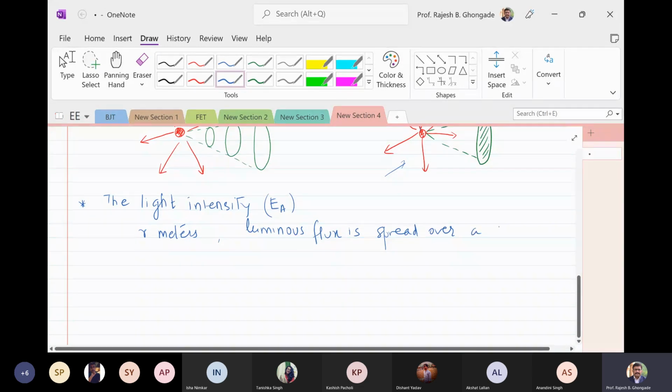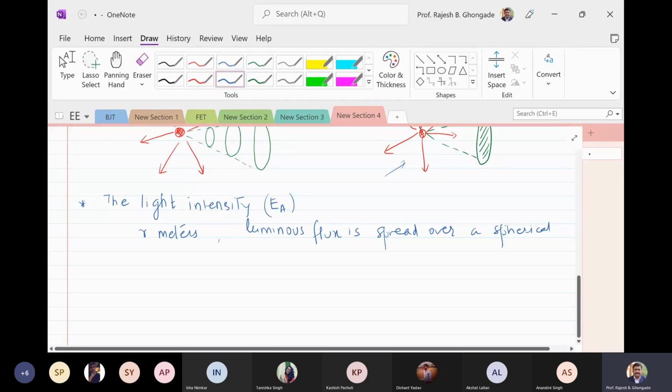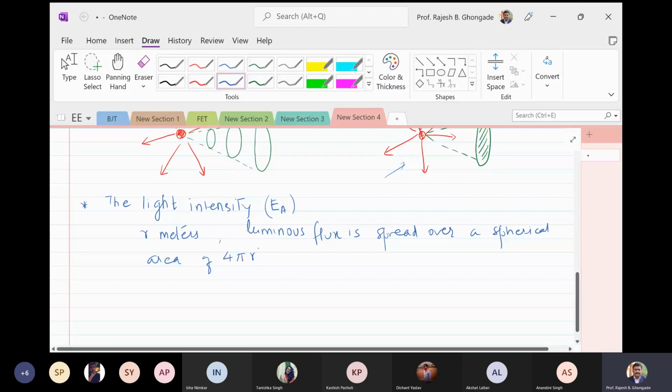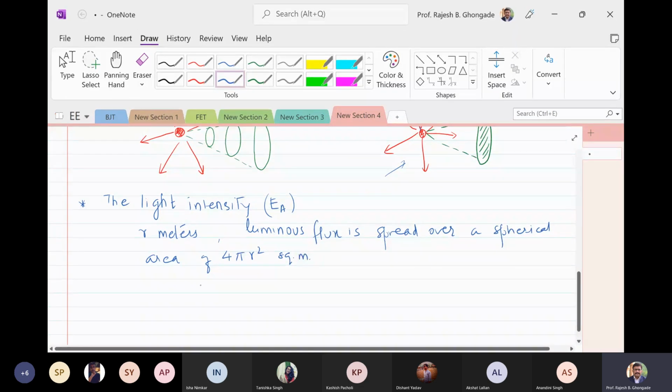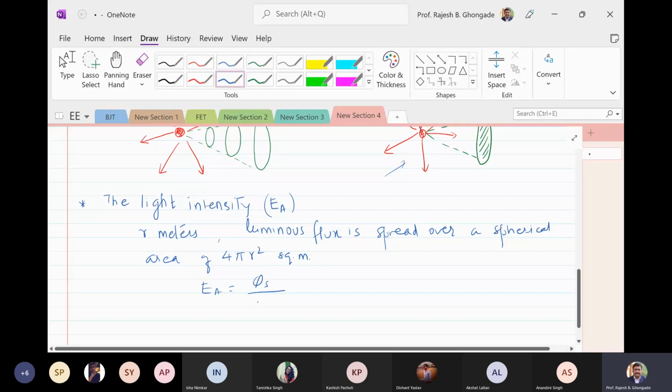So EA becomes phi s divided by 4 pi r square.